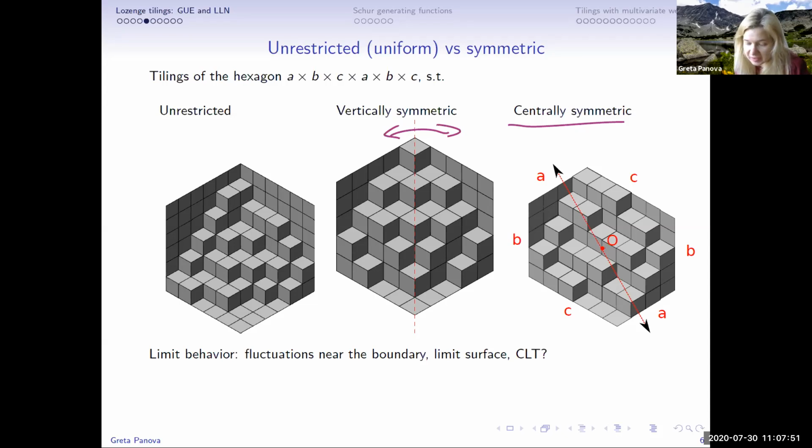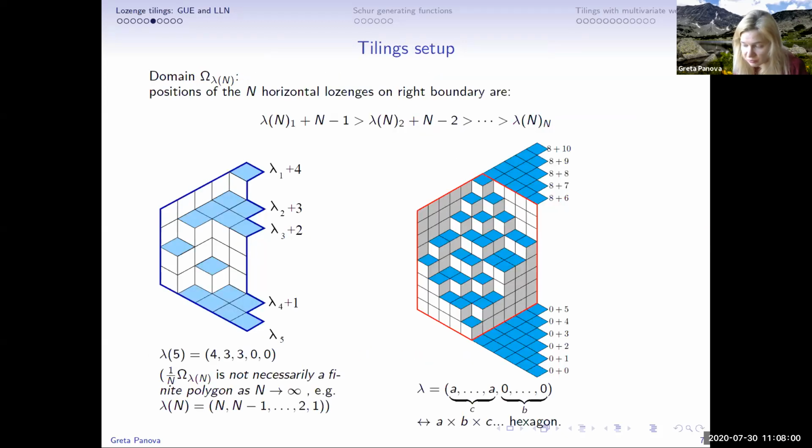And now we are going to explore probabilistic behavior using algebraic combinatorics tools. So first of all, in order to be able to state the results, we need to parameterize the region somehow. And from the point of view of our methods, it's convenient to parameterize the region as follows.